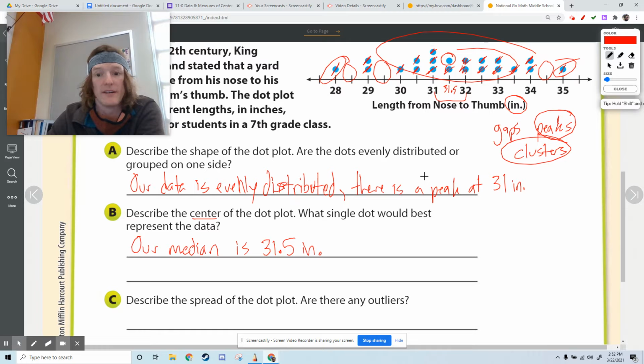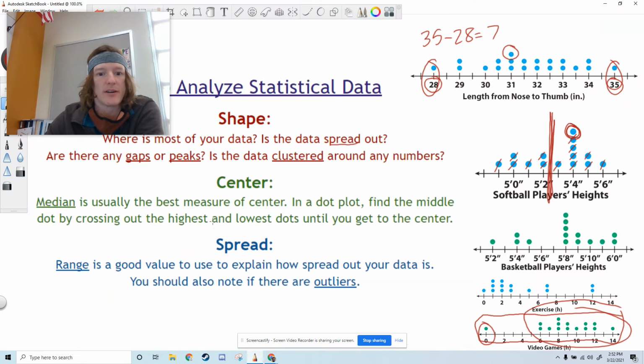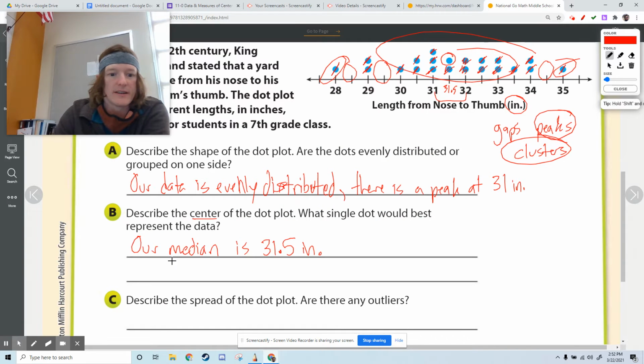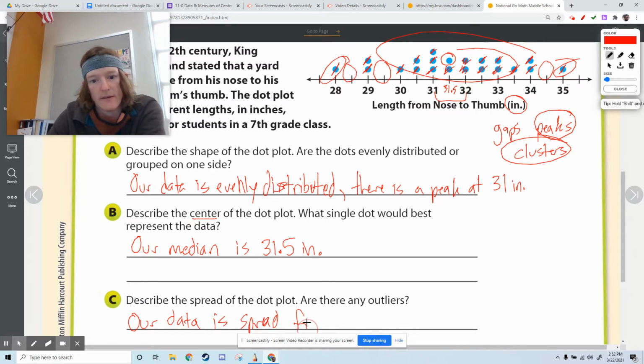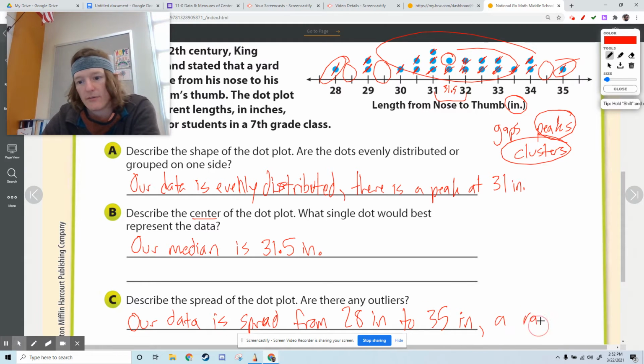And the spread, remember when we're talking about the spread, we're looking for range and are there any outliers? So our data is spread from 28 inches to 35 inches, a range of 7.